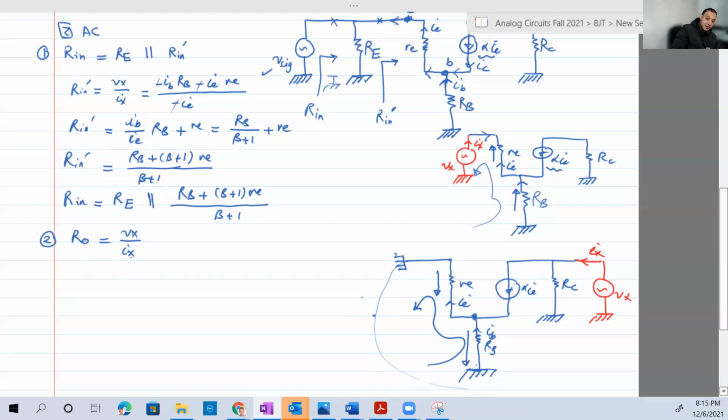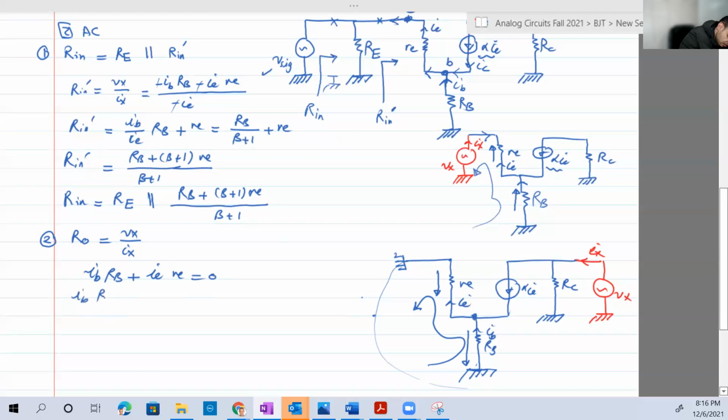Let's first examine IE small. So from the loop here at the input side, which is now cancelled, I mean the input, you have IB small RB plus IE RE small equal to 0.